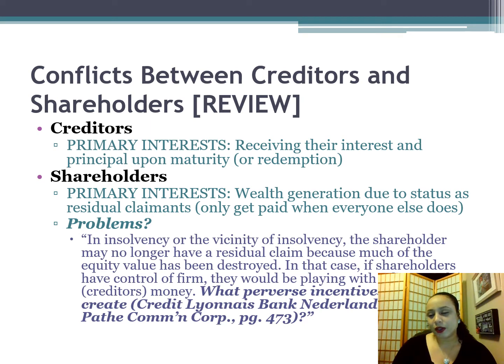And we talked about the FedEx example where FedEx only had about $5,000 left in its assets, and the creditors presumably would have preferred that FedEx hold on to those assets, that the creditors could get whatever piece of that $5,000 pie that they are entitled to under their contracts, whereas the shareholders probably would have no claim to that remaining $5,000 once the company pays off all of its creditors.